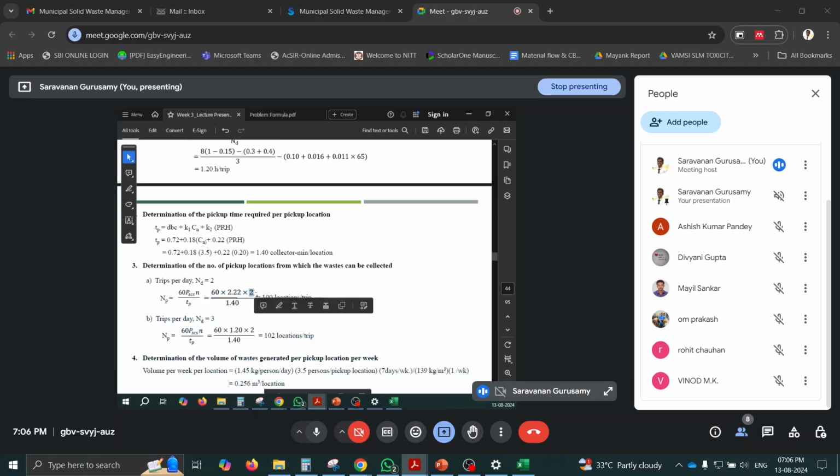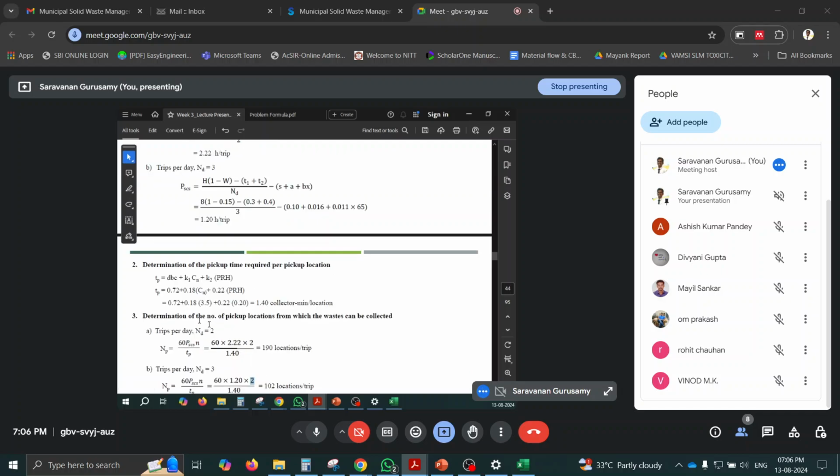Both are 2 person crews only. Only PSC and TP we need to find. So how to find TP? TP is for more than a 1 person crew. We have to use the formula DBC plus the empirical formula K1, K2, CN, PRH. Everything was given in the question, so we can easily substitute and find the TP value.